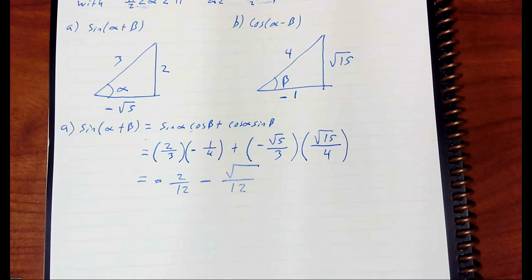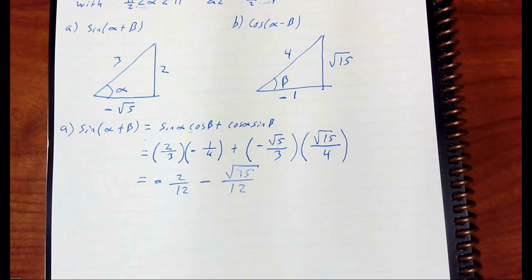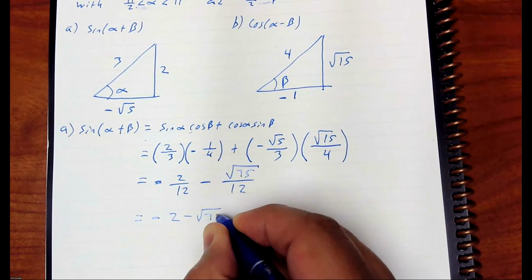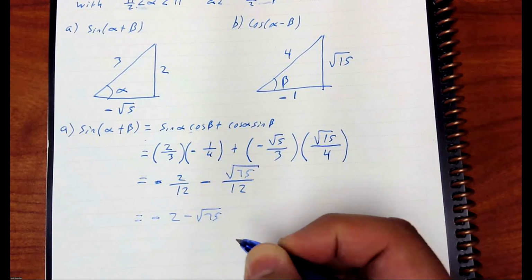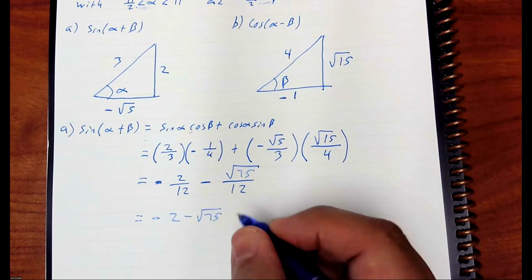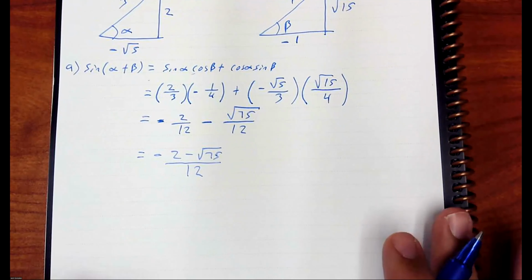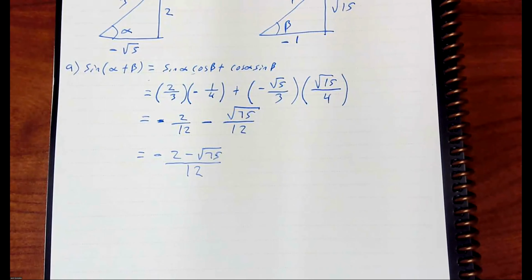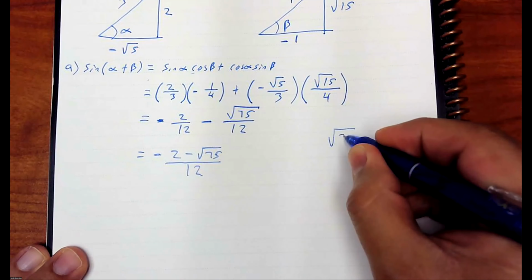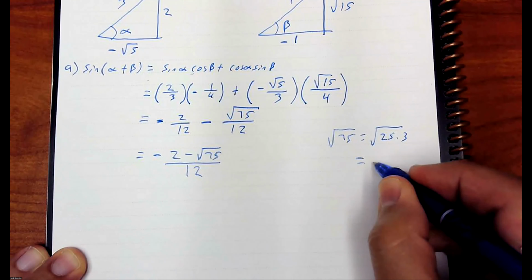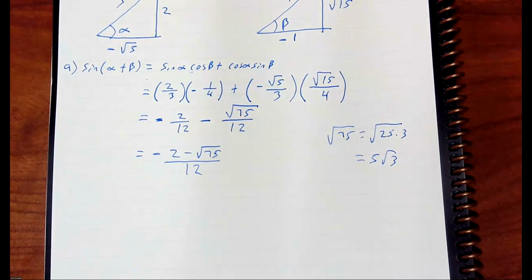That's 75? Yeah. So that's all we can do. Well, actually it does reduce. Right, 75 reduces. You separate the squared factor. Square root of 25 is 5.